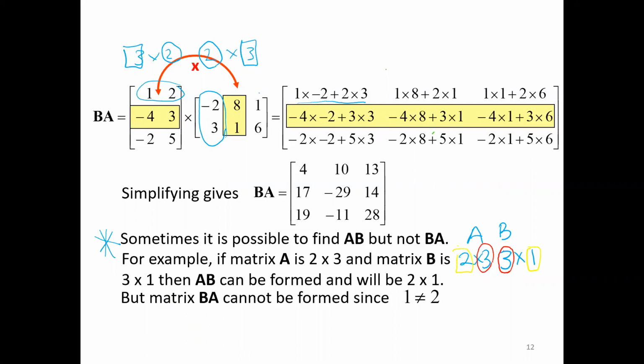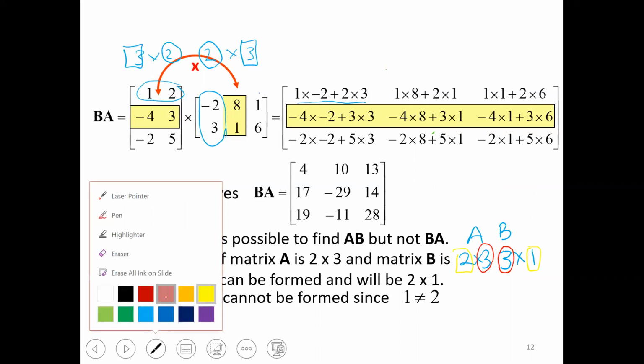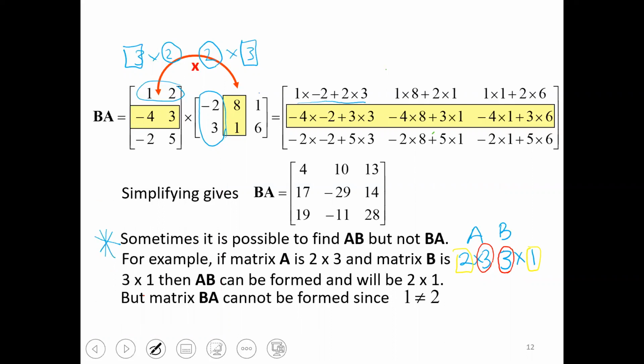But if we do B multiplied by A, where B is 3 by 1 and A is 2 by 3, then in that case we can't multiply them.